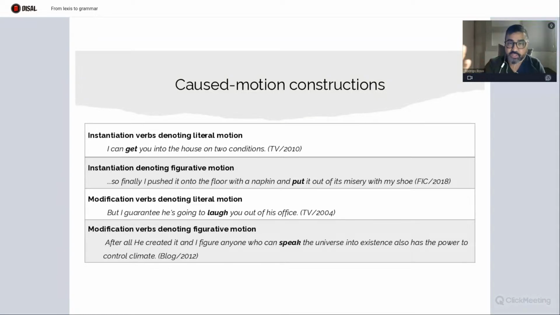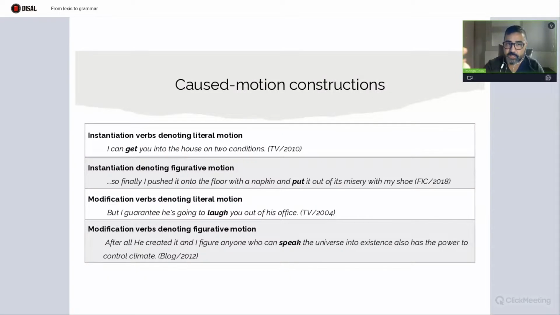So we have 4 different kinds of caused motion constructions. Remember that I was always concerned with the learning of these things by my students, by my learners, right? So my urge to describe these grammatical constructions was to determine the level of difficulty that my learners would have in order to incorporate these things into their knowledge.